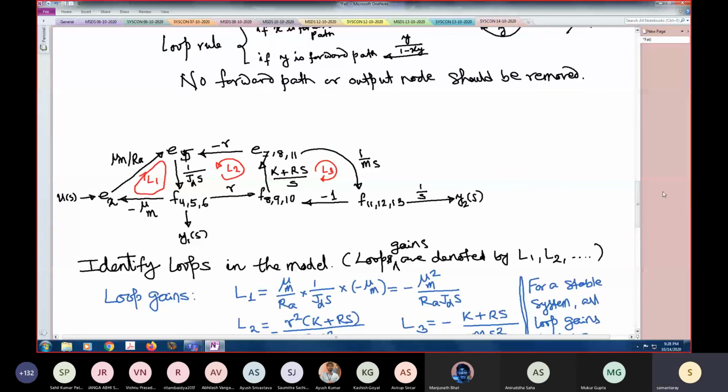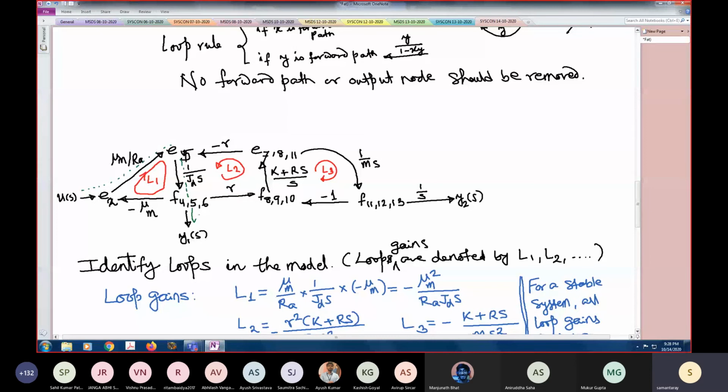The forward path here for the first transfer function goes from here like this, like this, like this. This is the forward path. So we remove everything associated with it. What will remain? Every node and everything connected to those nodes.